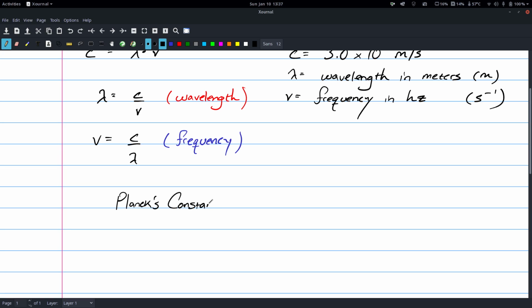Planck's constant essentially is the proportionality relating a photon's energy to its frequency. So this relates photon energy to its frequency. This is super, super important.